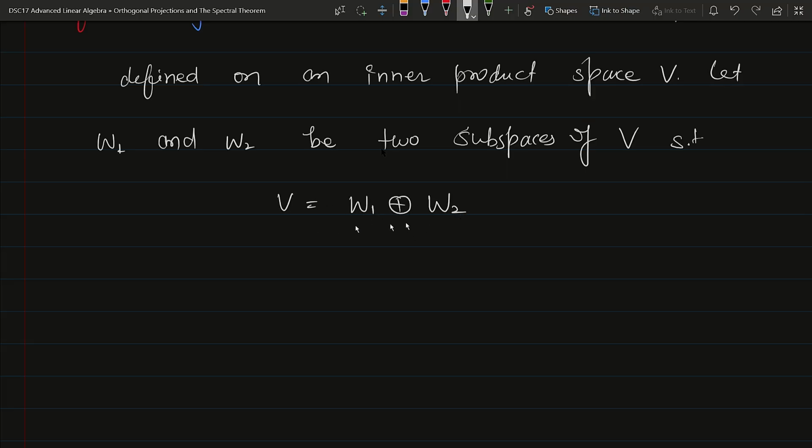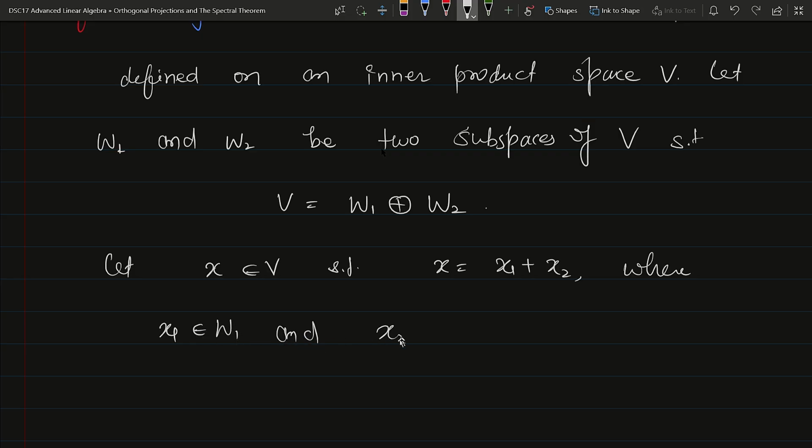Okay, we have this V in the form of direct sum of W1 and W2. Also let X belong to V such that X is equal to X1 plus X2, where X1 is coming from W1 and X2 is coming from W2.